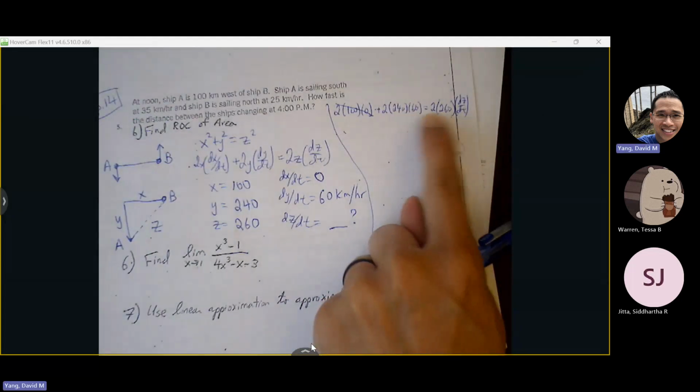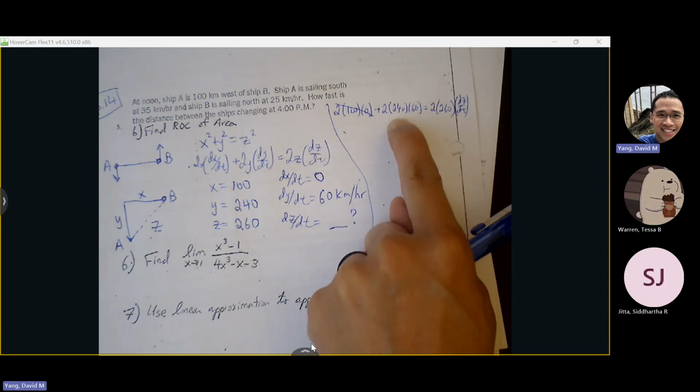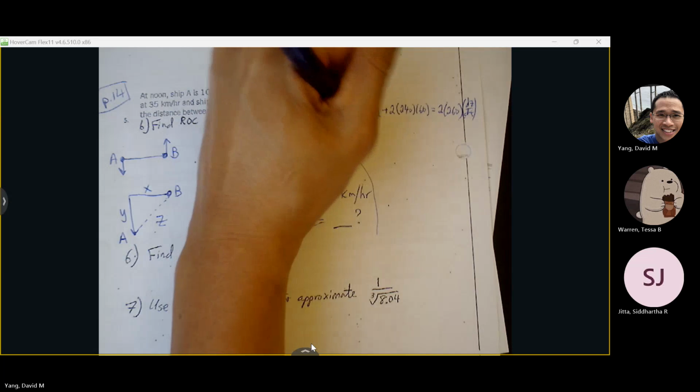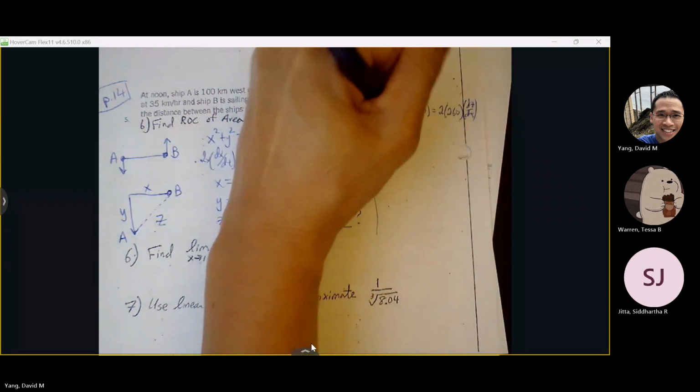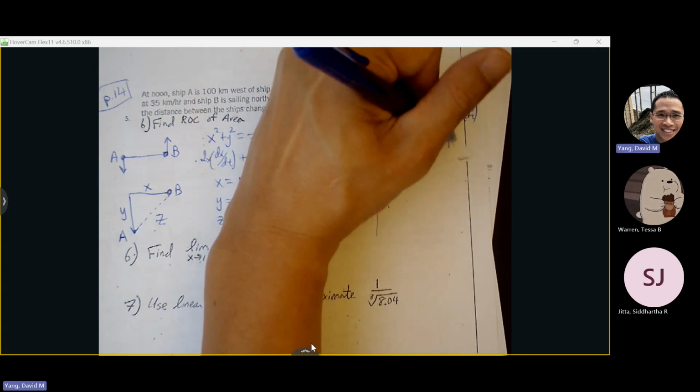Multiply that out, divide by 520, and we can solve for dz/dt. Units is kilometers per hour.